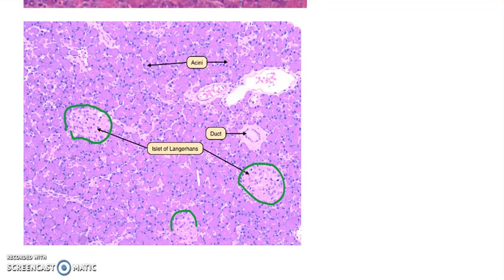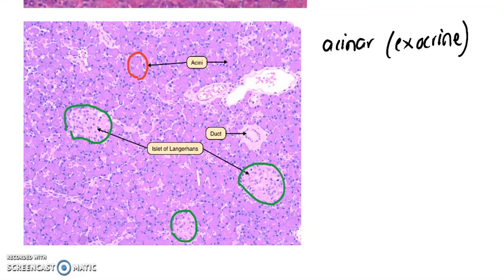Everything else is pretty much the acinar cells, which are the exocrine part, and the islet cells are the endocrine part.